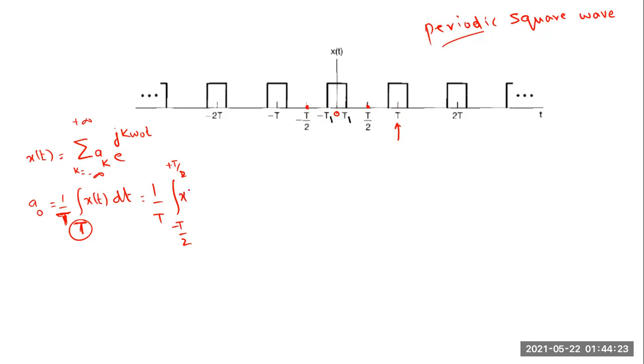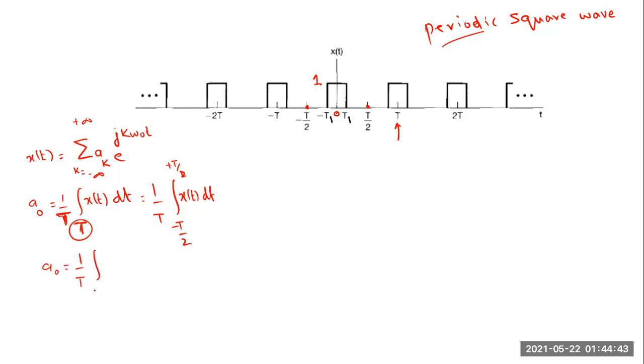I started from minus T by 2 up to plus T by 2. And then I need to integrate x of t. Of course, from minus T by 2 to minus t1 the signal is 0. The signal is non-zero only between minus t1 to plus t1 and it is equal to 1. So this integral will only include minus t1 to plus t1.